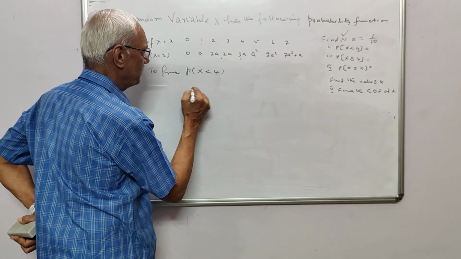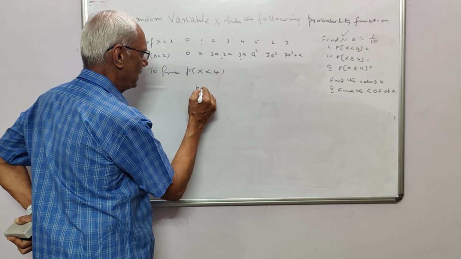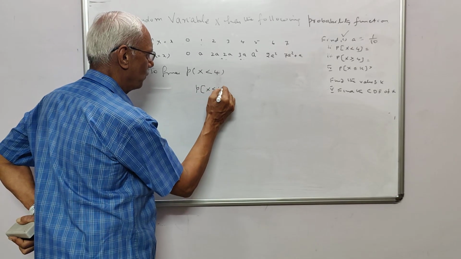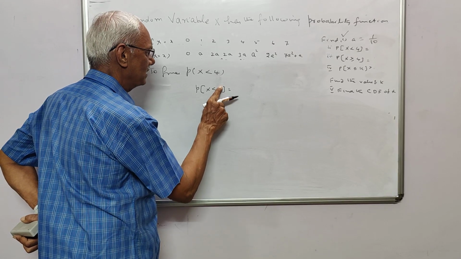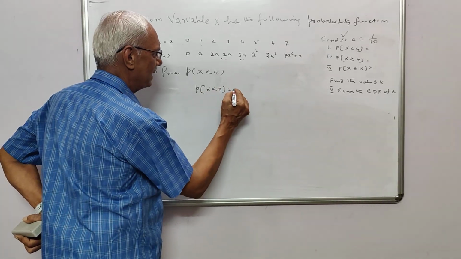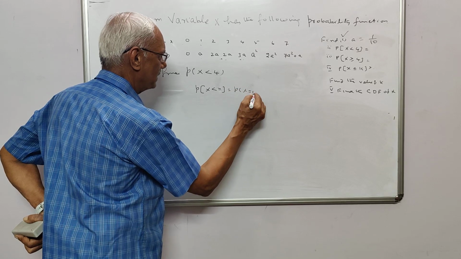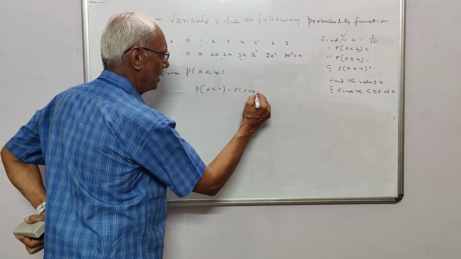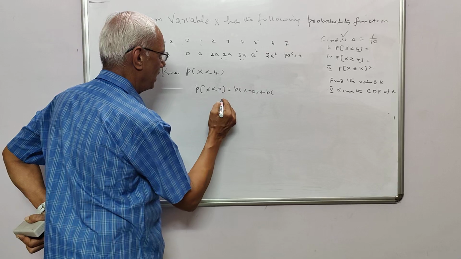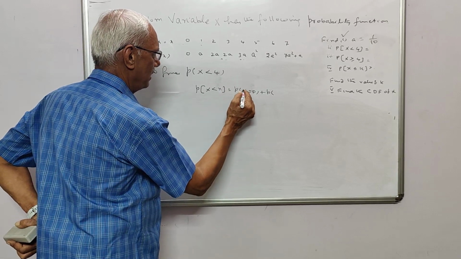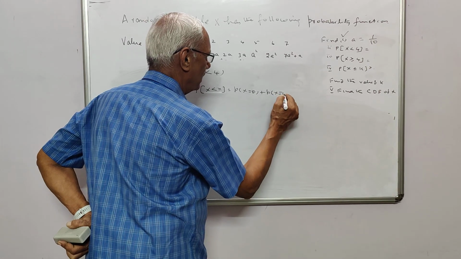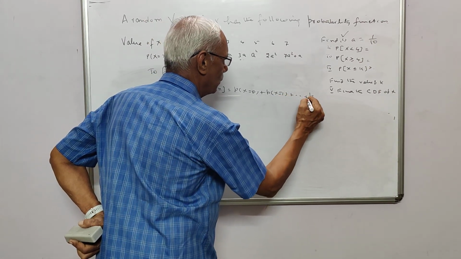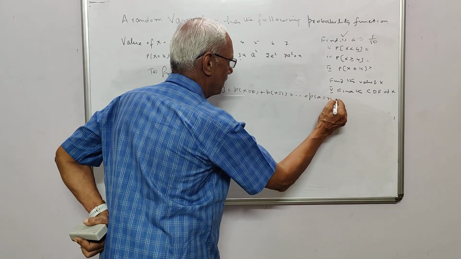Understand that P of x less than n means, suppose you have less than n, this means P of x is equal to 0 plus P of x is equal to 1, plus dot dot dot, it goes up to x is equal to n minus 1.